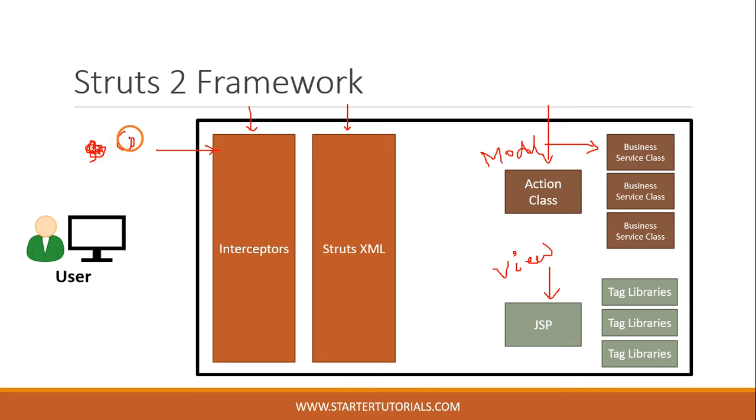These things are the controller. You can think of your struts.xml also as controller. So both these two things can be thought of as your controller, the action class as model, and the JSP as view.